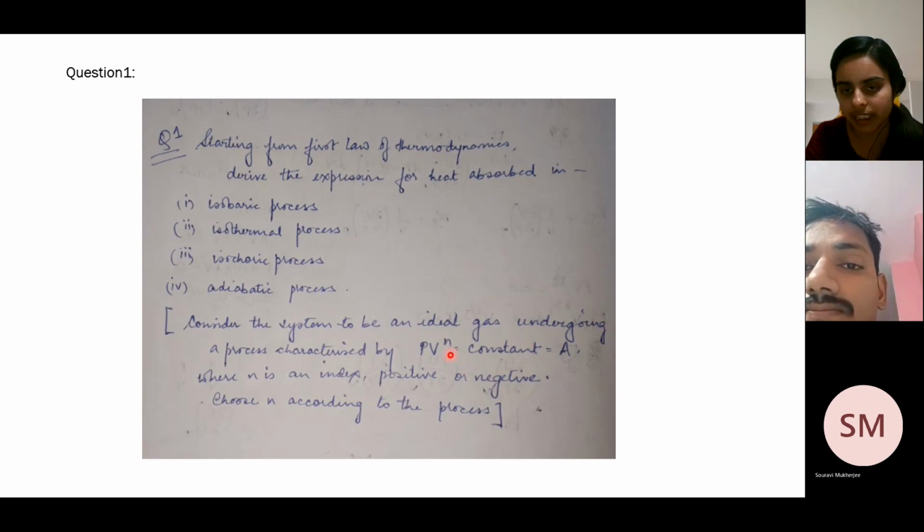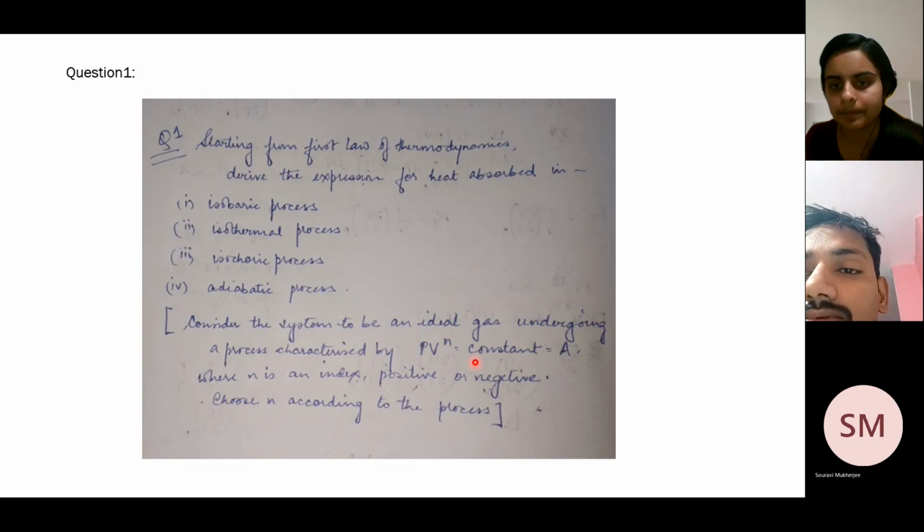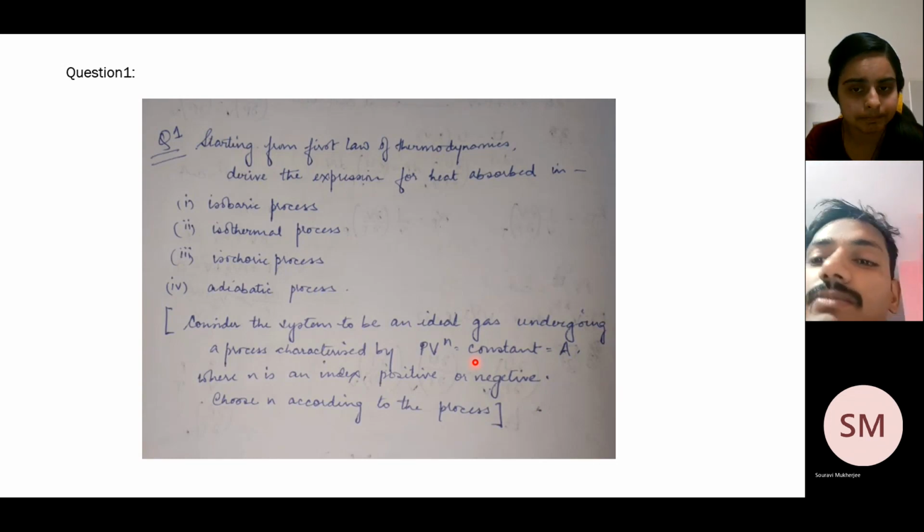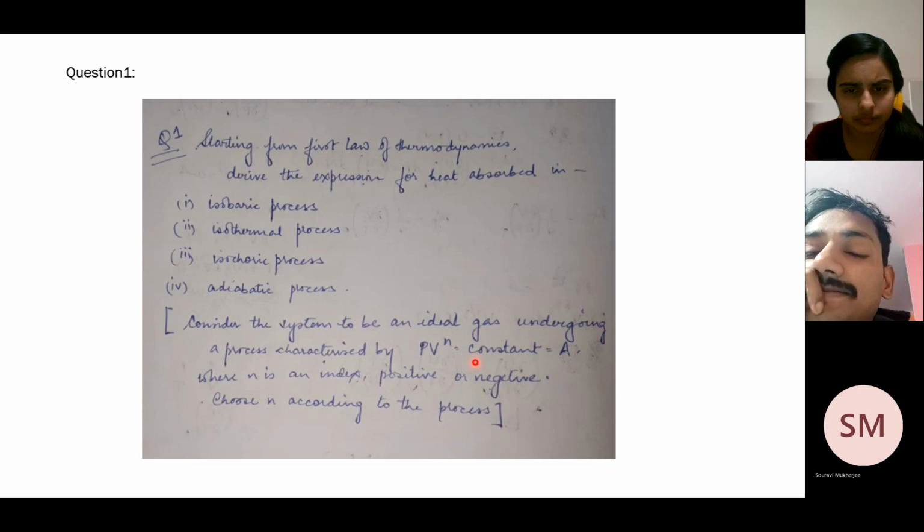Now the value of n depends on what kind of process we want to deal with. So can you tell me, for an isobaric process, what will be the value of n? Any idea? During an isobaric process, pressure is constant, isn't it?